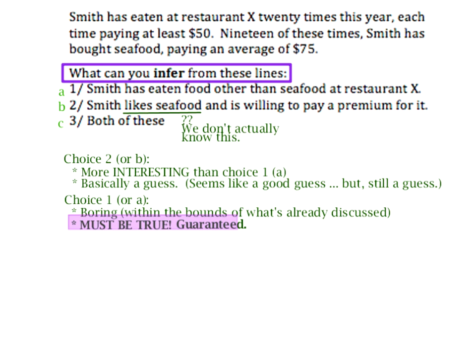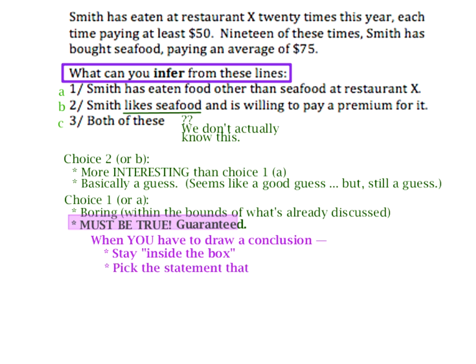When you have to draw the conclusion, you need to stay within the boundaries of what you are already told. So inside the box. And you have to pick the statement that must be true.